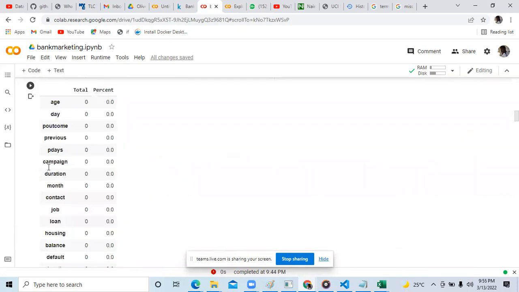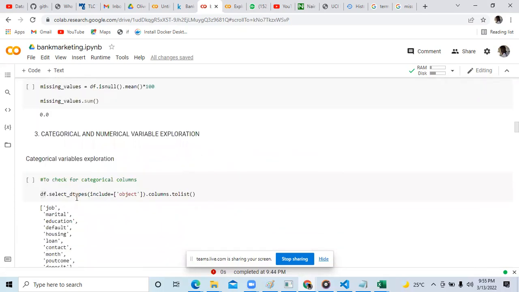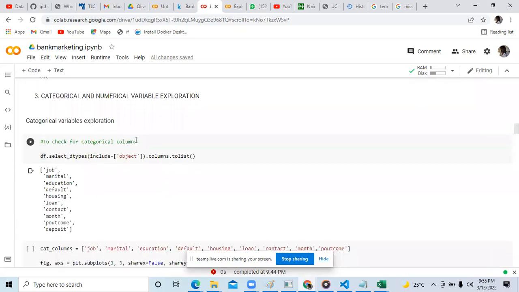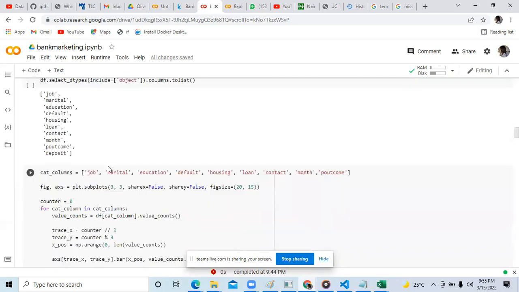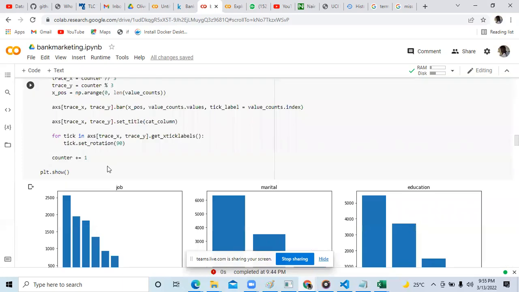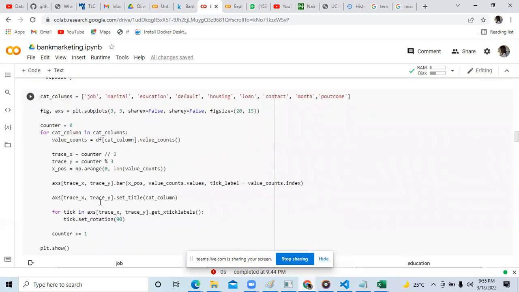If you do df.select_dtypes(include='object'), it will bring out all the categorical columns for you. These are the categorical columns: job, marital, education, down to deposits. Now let's look at the categorical columns. This is just code to show you the distribution.